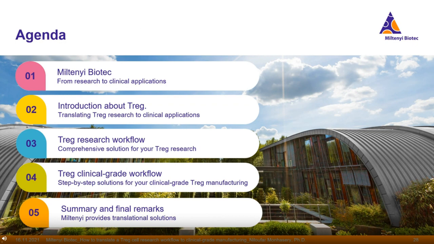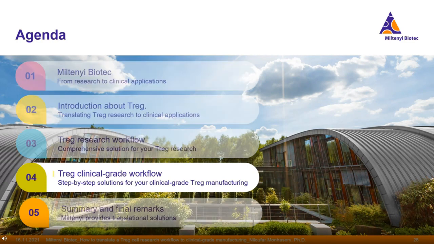Okay, at this point, I want to stop talking about the Treg research workflow and start with the Treg clinical grade workflow. At the end of this step, I'm going to talk about cell analysis as well, because the Treg analysis platform for the Treg research workflow and the Treg clinical workflow is more or less similar. Then I will talk about it at the end of the Treg clinical grade workflow.